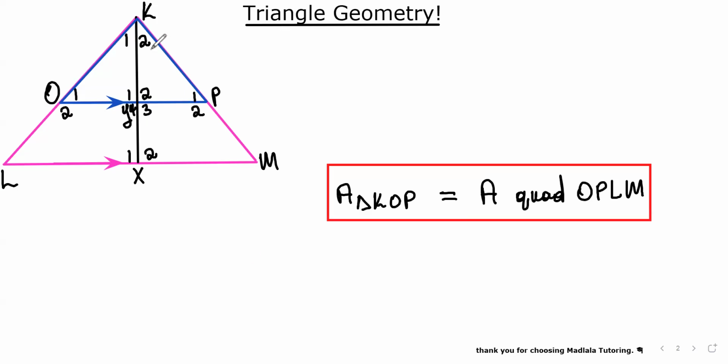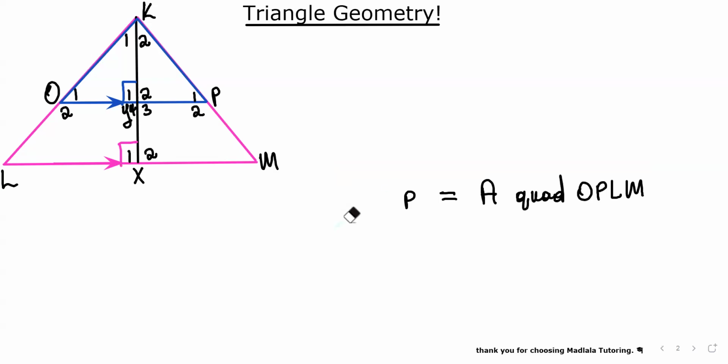In other words, this vertical black line is perpendicular to OP as well as to LM, at the points Y and X, respectively. So this means I should be indicating this is 90 degrees, and of course, this is 90 as well. Well, this is what we are given here.